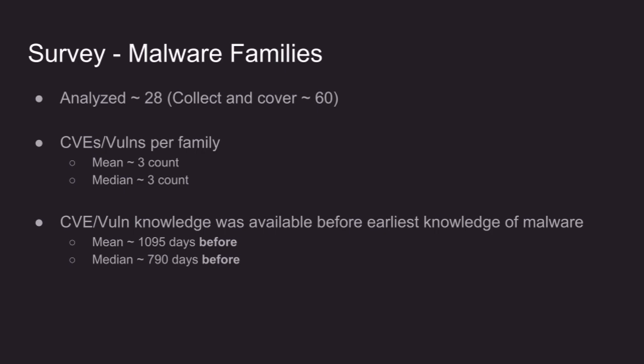Of course, there are outliers which use 1 or 2 or 3 dozens, like BrickerBot or VPNFilter or exploit kit DNSChanger. They use several dozens, but in general, the trend is about 3 vulnerabilities, and it's enough for a very successful IoT malware or botnet operation.